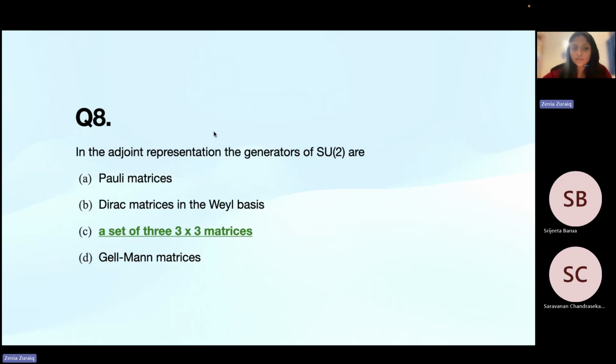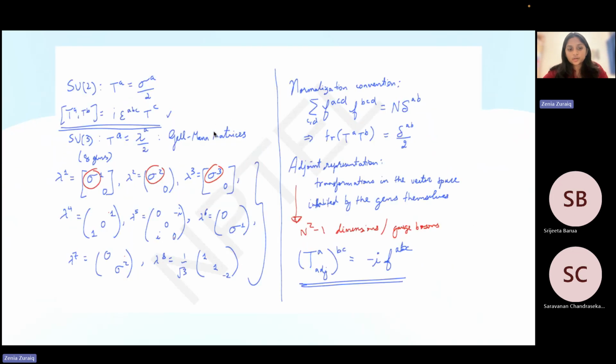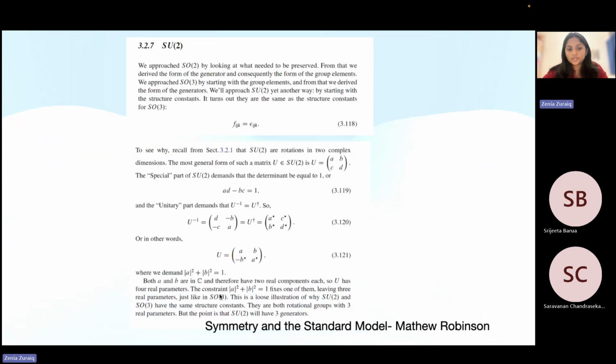So the adjoint representation is where we construct the generators using the structure constants themselves. And that's what you saw when we did SU2 as well. We saw that the structure constant of SU2 is the Levi-Civita epsilon ijk, and you can see that SU2 has three generators.